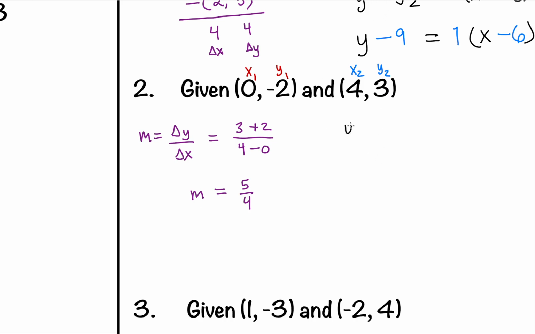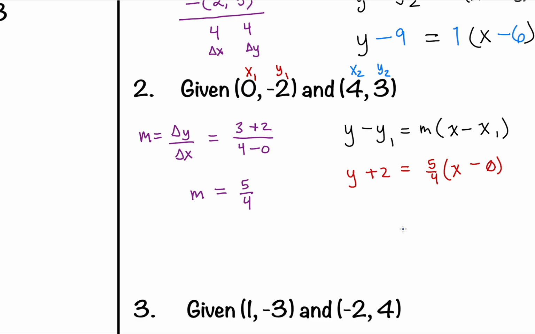Now we're going to use the formula y minus y1 equals m times x minus x1. I'll write this all in red. So it'll be y plus 2 equals 5/4 x minus 0, or plus 0.